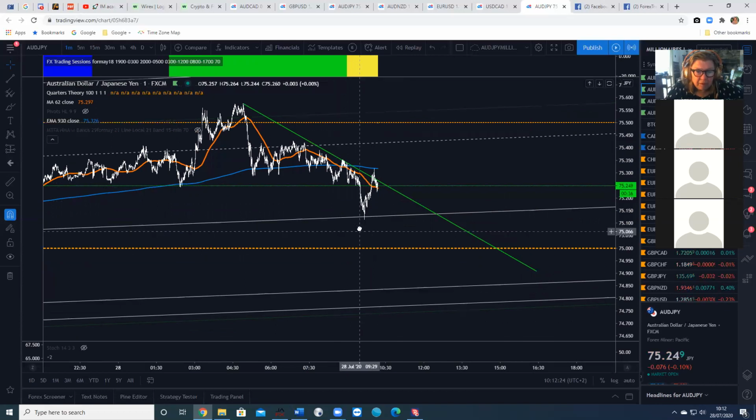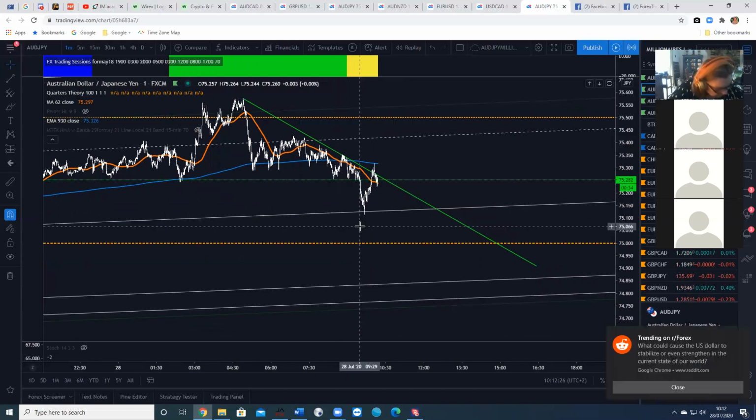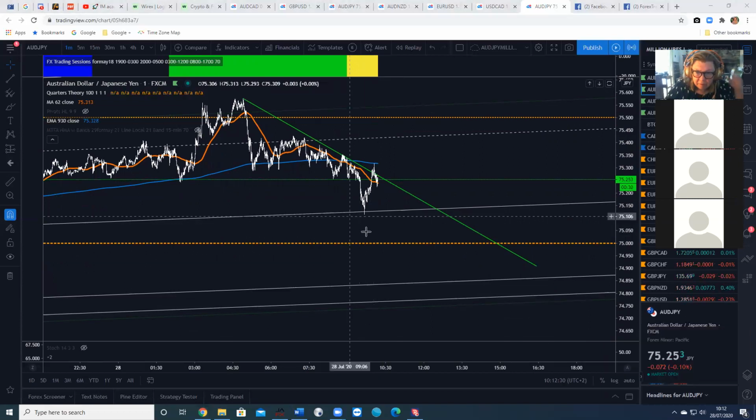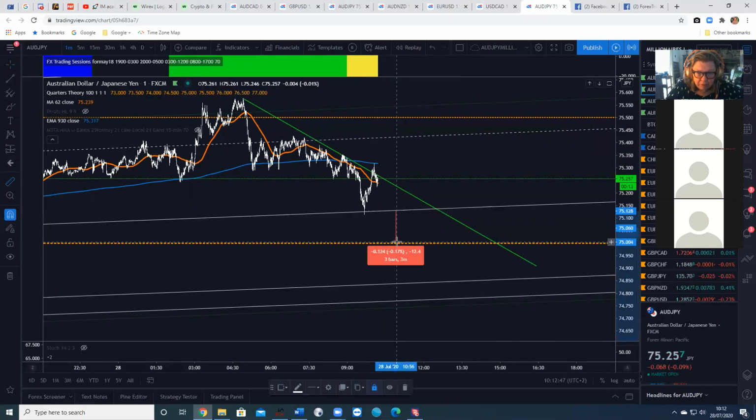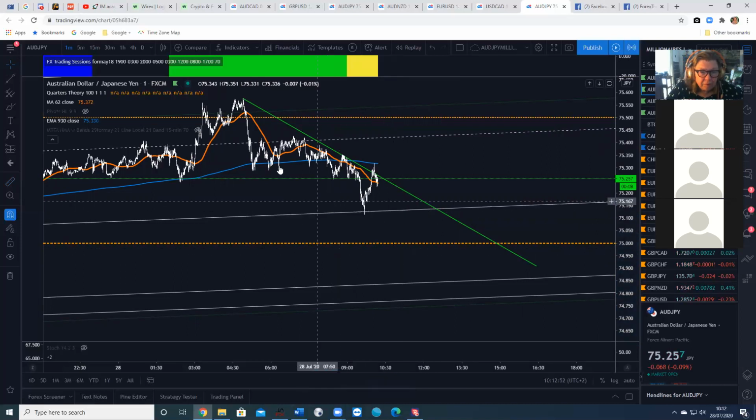But I can't really see his setup on that, because I wasn't on the first bit of his call, unless he's using a different pitchfork, because the orange is crossed below the blue, so that's a sell. It's rejected off the pitchfork. Maybe he was expecting a break and a retest there, but he wouldn't normally get in where you've got a gap like that between the pitchfork and the quarter theory of only 12 pips. So unless he was using a different pitchfork, I can't see what he was seeing there.